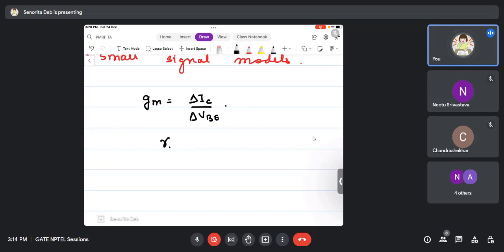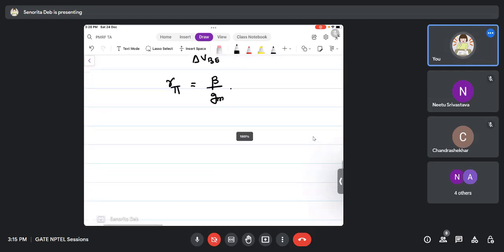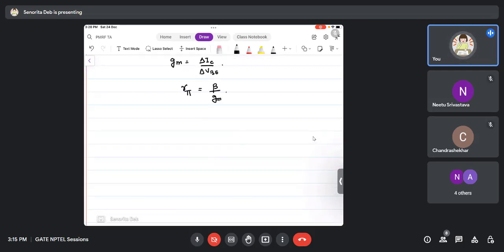So now there is another term we define, that is R pi, and R pi is beta upon GM. It is 1 by GM amplified. Okay, and with this let us draw the small signal model for a normal NPN transistor with active region biasing. So let us say that this is the transistor I am having.